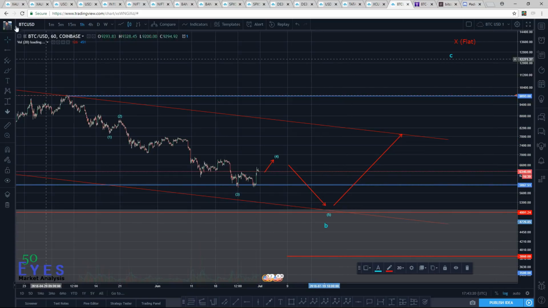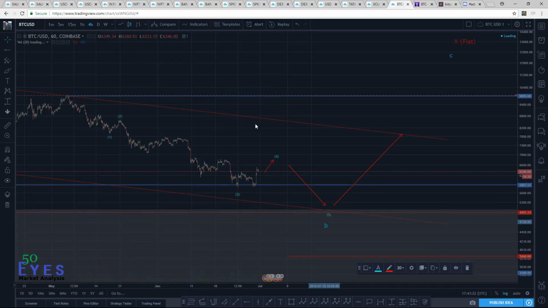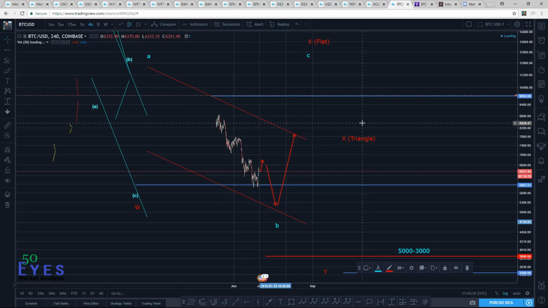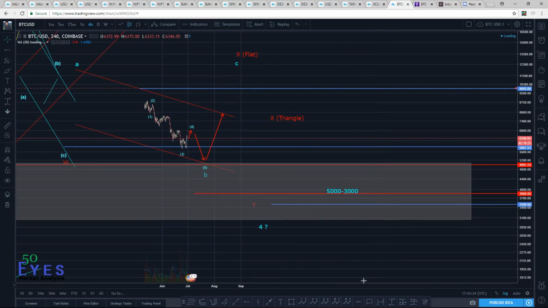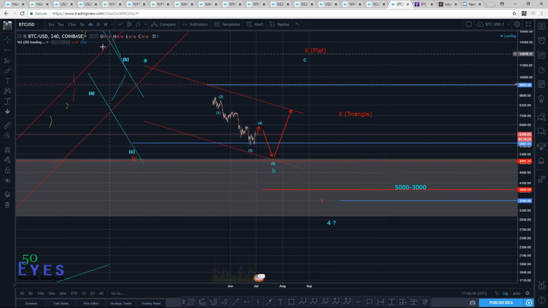However, if we talk about the bigger picture, that is the rough scenario which I discussed previously, that we seem to have one leg up remaining, what I think is that this wave 4 will complete in the price territory of this white zone we have here, which is 5,000 to 3,000.